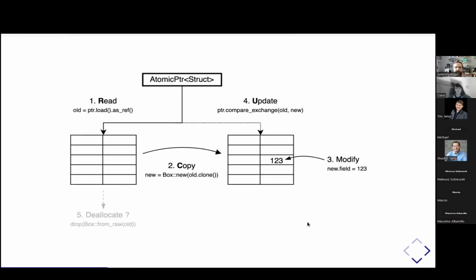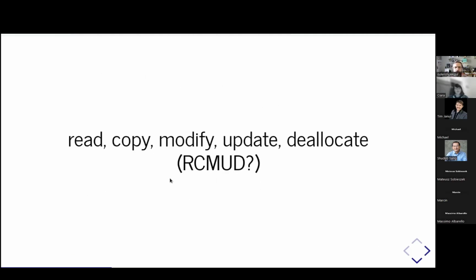And here's the diagram from the book. And we have read, copy, modify, update, and deallocate down here shaded out. So if it's read, copy, modify, update, deallocate, we could almost pronounce that as ArcMud, but we don't. That's not what it's called.